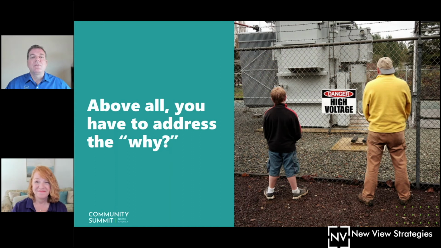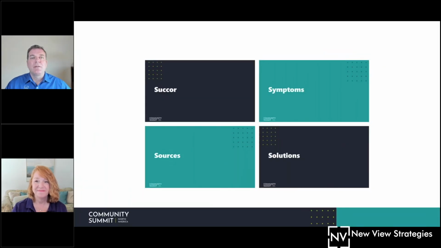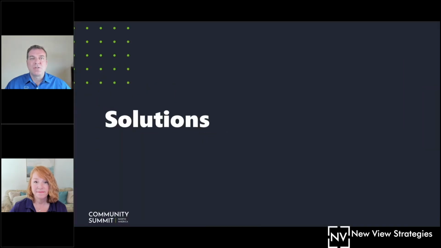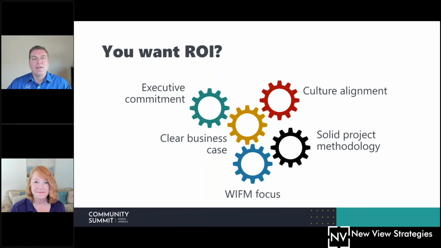All right. So we talked about those root causes, those sources, and gave you some words, some lexicon, to facilitate those conversations. Let's get into tools and resources. How do you really start making progress and facilitate change? So let's talk about solutions.